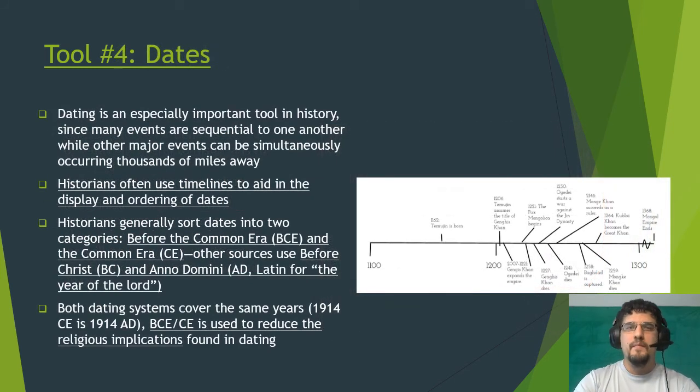Last one, number four, dates. Dating is very, very important in history, but I know a lot of you guys probably have sat through a history class where it's like, oh, more dates. We use general dates here in world history. We do not sit down. You will not be expected to recite a single date in my class.